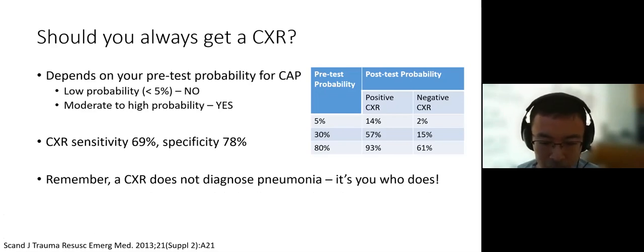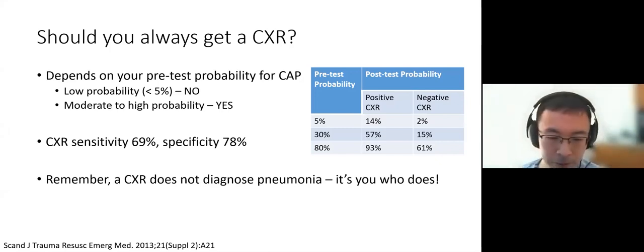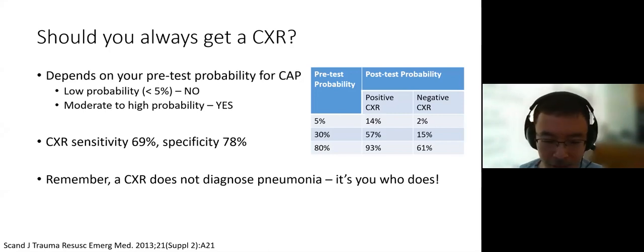Then if you have a negative chest x-ray, that drops the post-test probability to 2%. And if the chest x-ray is positive, the chance of having pneumonia is now 14%. So in this case, a negative chest x-ray merely confirms your low suspicion for pneumonia in the first place, and a positive chest x-ray does not have enough power to increase your diagnostic confidence. So I personally would not be treating for pneumonia if the probability is only 14%.